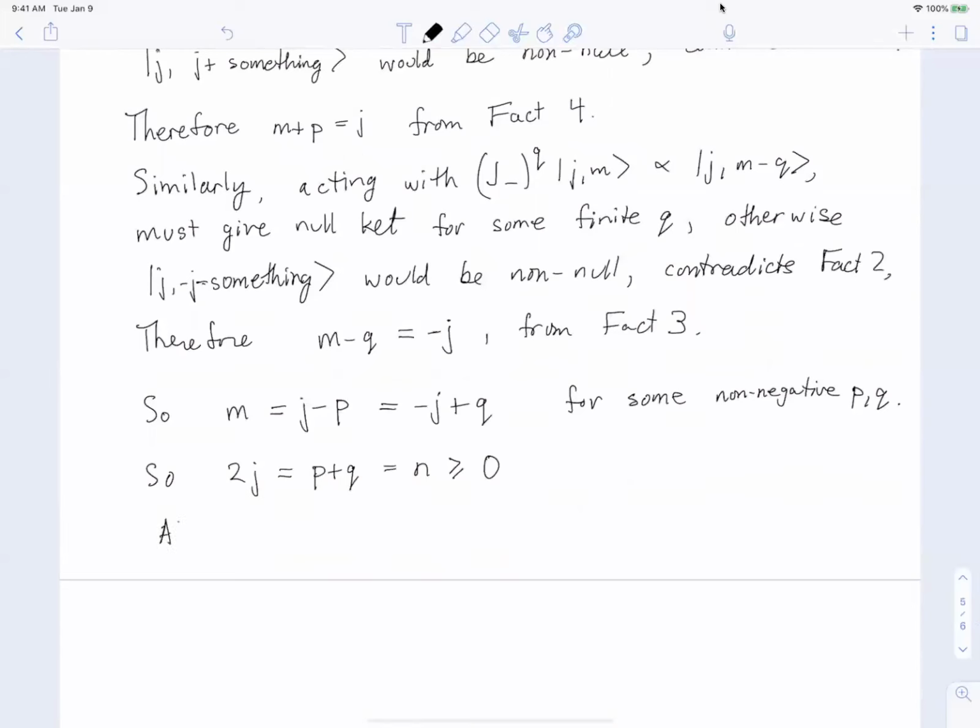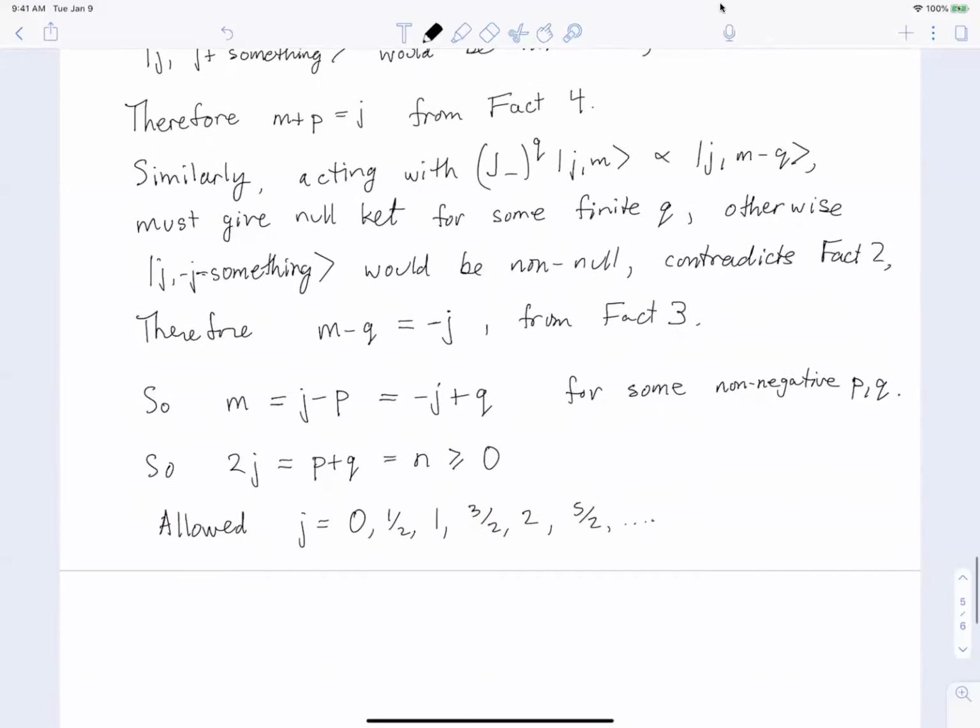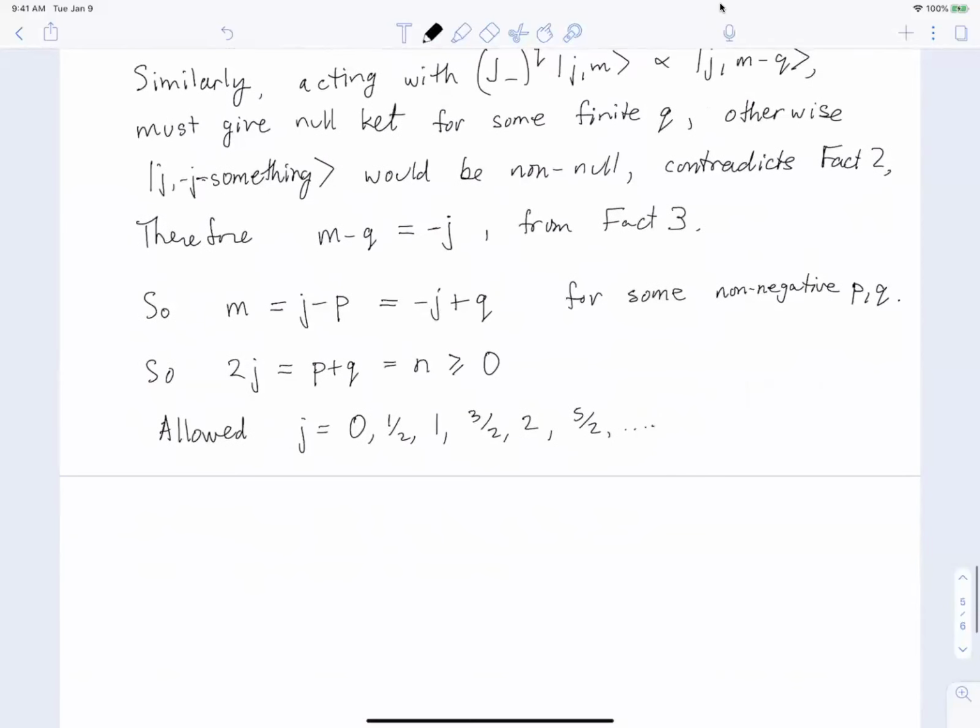So the allowed j equals 0, 1/2, 1, 3/2, 2, 5/2, etc. We also had what the allowed values of m are, because one of them has to be minus j, one has to be plus j, and we can only step up and down by integers.